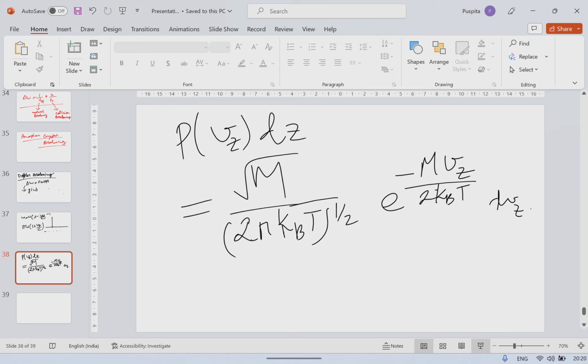So we assume vz is the z component of the velocity of the atom, lying between vz and vz plus dvz.